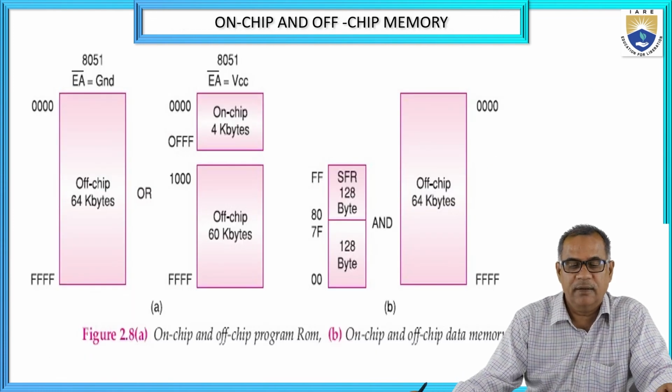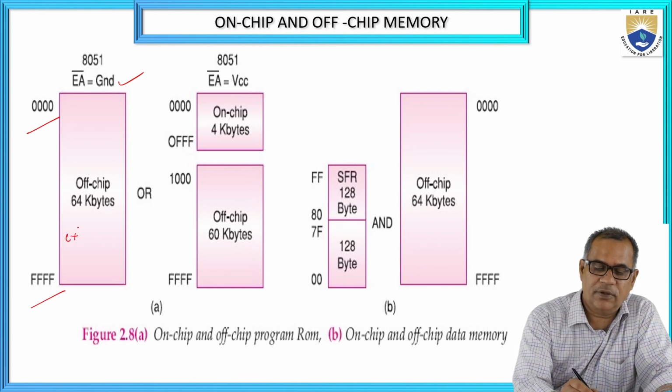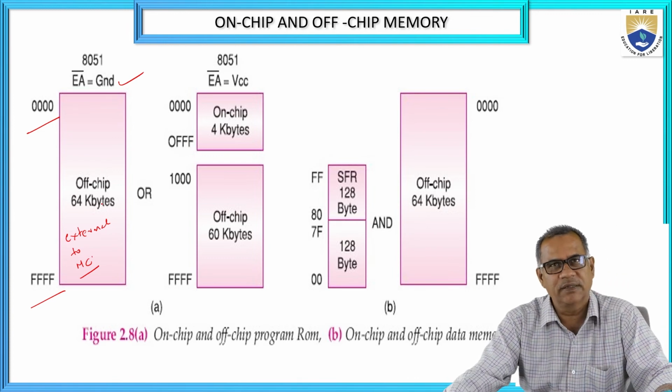So, you see here, when EA bar is connected to ground, the total 64 kilobytes is 0000H to FFFFH, and this is external to the microcontroller. So, the total 64 kilobytes is off chip.